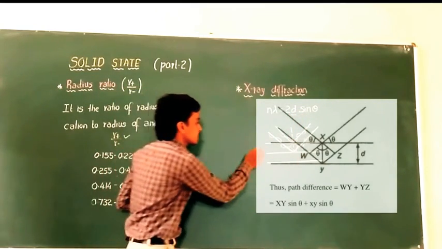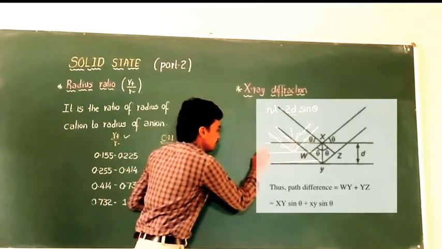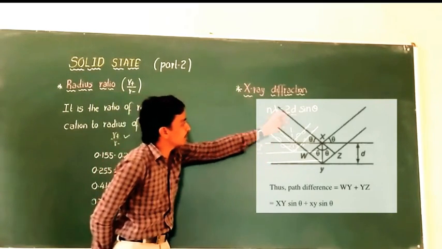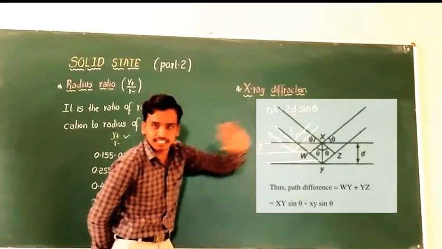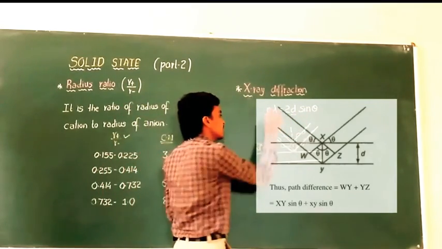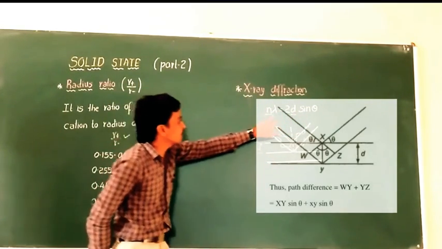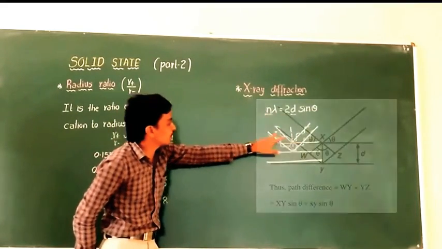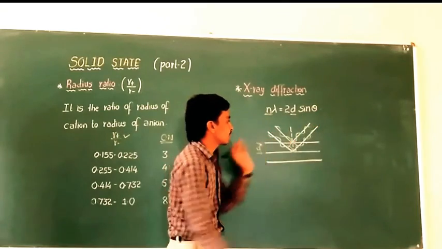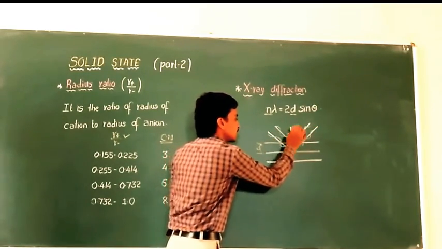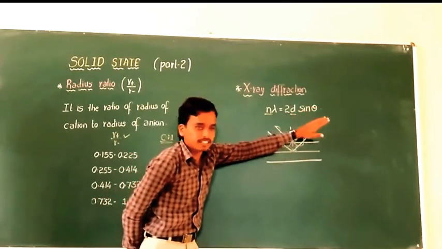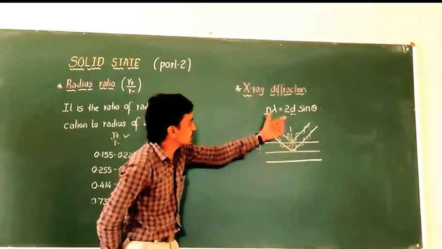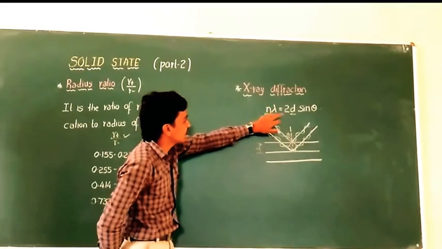And how to calculate it? n lambda is equal to 2d sin theta, where n is the order of diffraction, lambda is the wavelength of the light ray we are using, and theta is the angle considered in the sine. You can check the description link to get the full derivation of this formula, n lambda is equal to 2d sin theta.